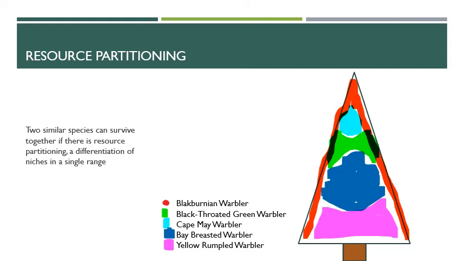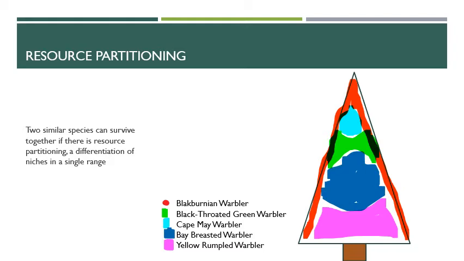However, 2 species can live together if they partition the resources. That is, if they occupy different niches or they occupy a slightly different range. In trees, you can have 5 different types of birds who occupy slightly different areas of the same tree.